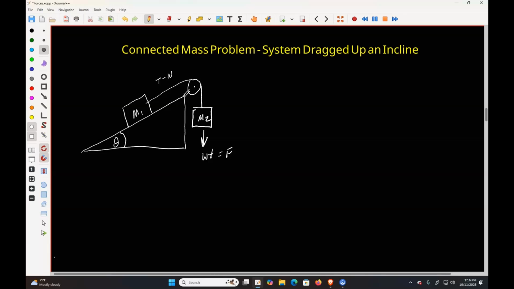Tension minus weight equals mass times acceleration. And the same thing here. Weight minus tension equals mass times acceleration. So we're going to say that mass 2 times gravity minus the tension is equal to mass 2 times acceleration.